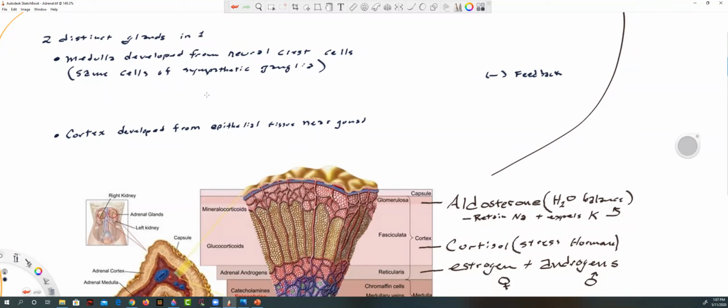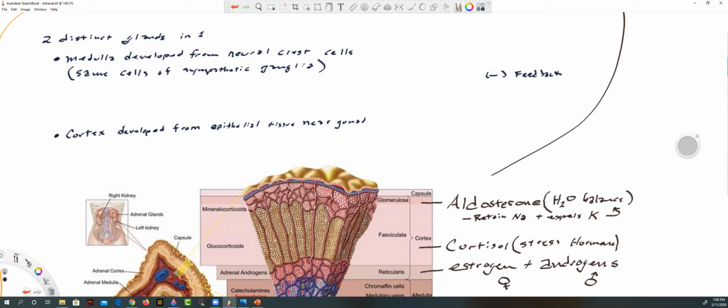And each gland is unusual in that it has two distinct glands in one organ. Not only do they put out different hormones, but this gland is created from two completely different cell types, which is kind of cool.